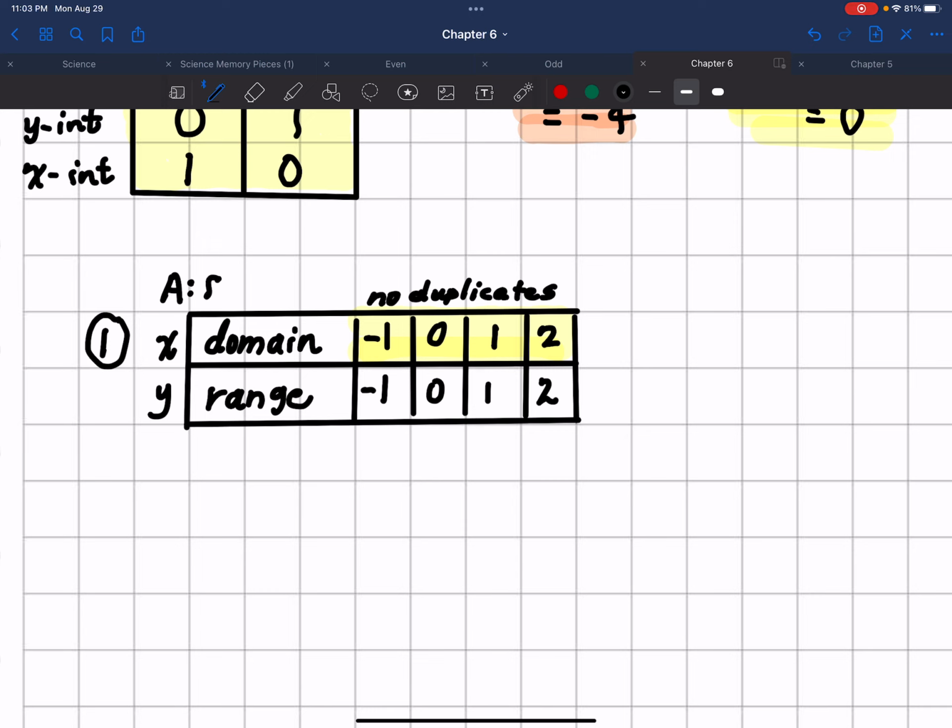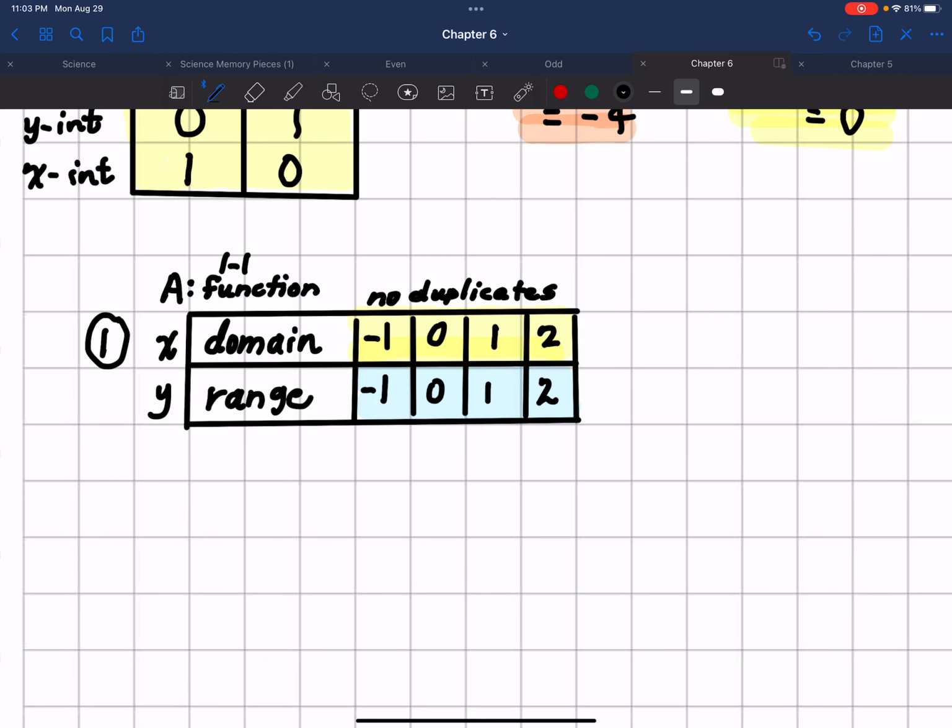A is a function. It also happens to be 1-to-1 because all of the Y values are different. So we can say that this is a 1-to-1 function.